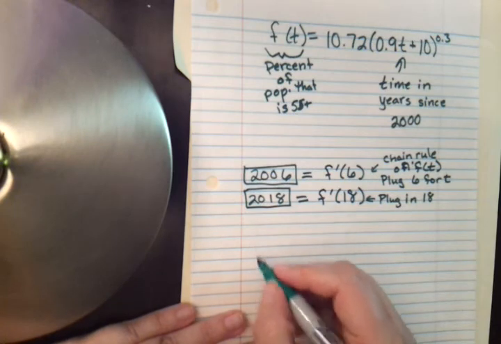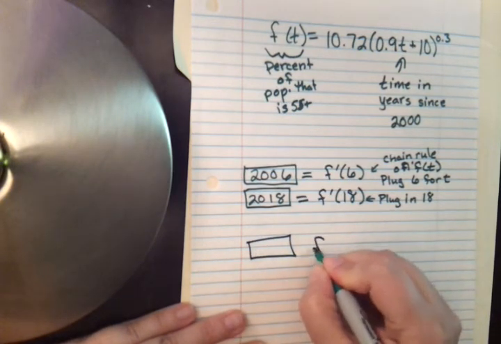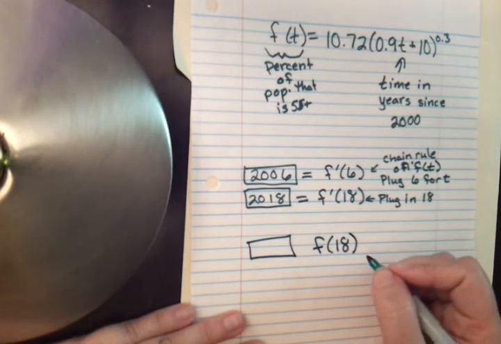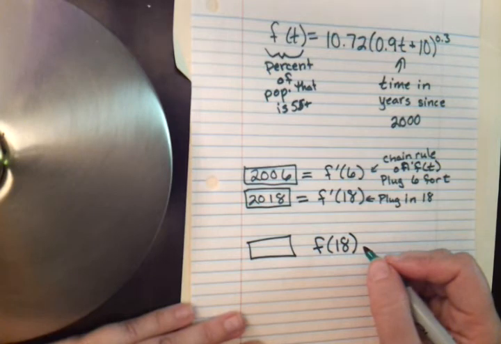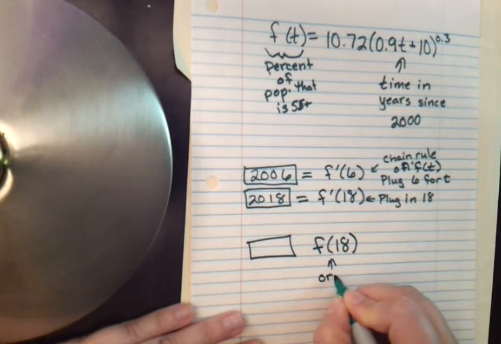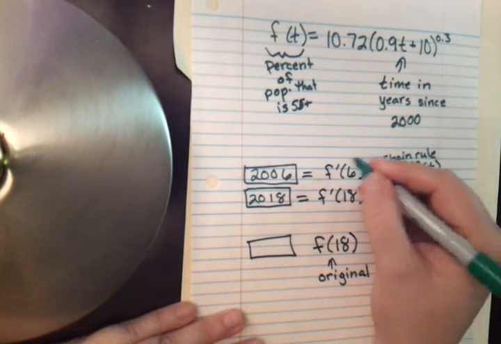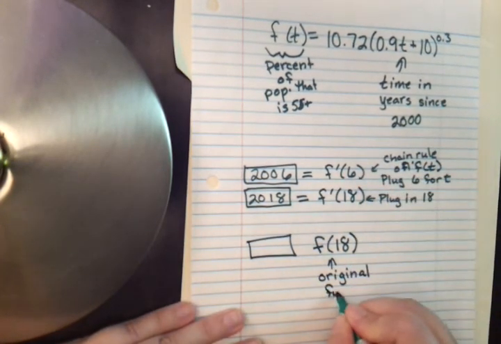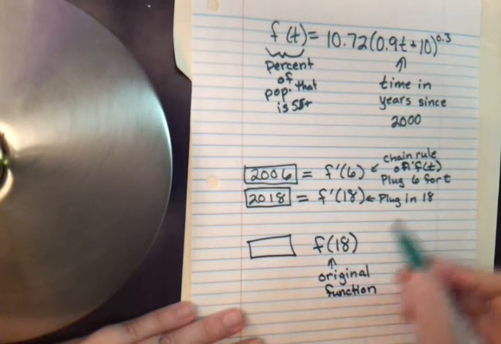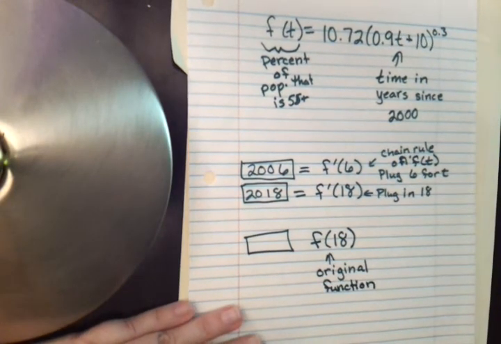So for this last blank that you need to fill in, you are going to take f, in my case, f of 18, because that's the year that they gave me, and round to 3 decimal places. So this is going to be the original function. These guys here are in the derivative. This one is in the original function. And so you should just be able to plug the 18 in for the t here, type that into your calculator, and get an answer.